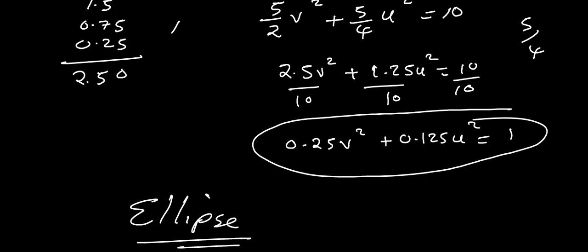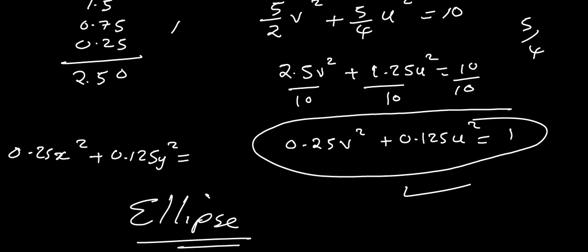Of course, you can avoid these decimals by dealing with the same fractions and so on. But I just wanted to show you, so this can be written as 0.25 x squared plus 0.125 y squared is equal to 1. So you see that the xy term has been eliminated.